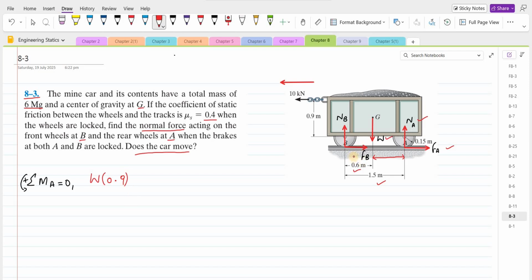Similarly, the line of action of the FB force also passes through point A, so the FB force will not produce any moment about point A. The normal reaction at point B is trying to rotate the car in the clockwise direction about point A, so the moment produced by this NB force will be taken as negative. So we have negative NB and the moment arm is 1.5 meters.